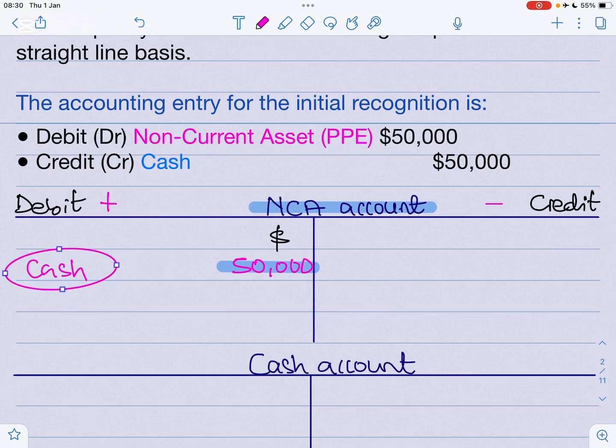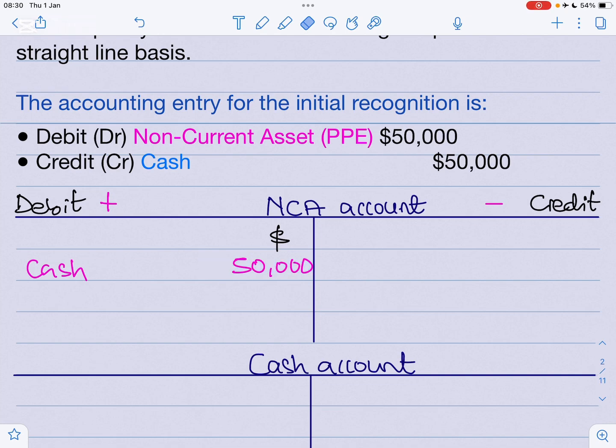That is not the way to go about it. Instead, you will say the heading, which is the non-current asset account, has been debited with $50,000. This is the way we sound. I'm hoping that this is not a problem for us to take in.